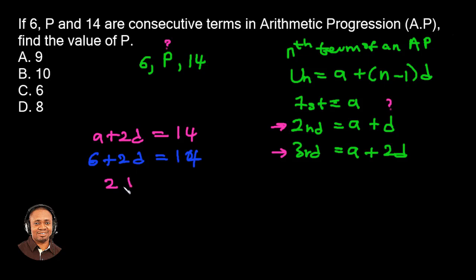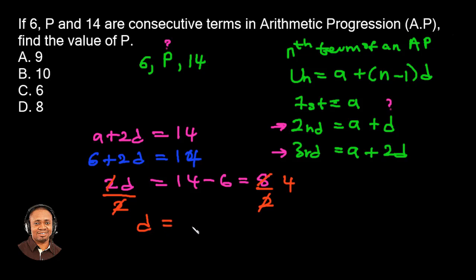So we get 2d equals 14 minus 6, and this will give us 8. Then we quickly eliminate the 2 on the left-hand side, the variable side of the equation, by dividing by 2. So 8 divided by 2 is 4. So d, the common difference, is 4.